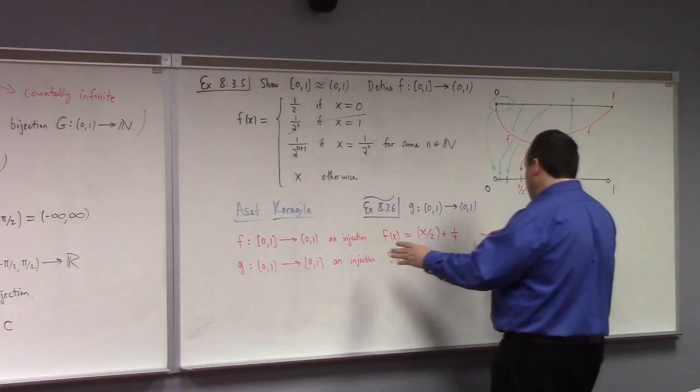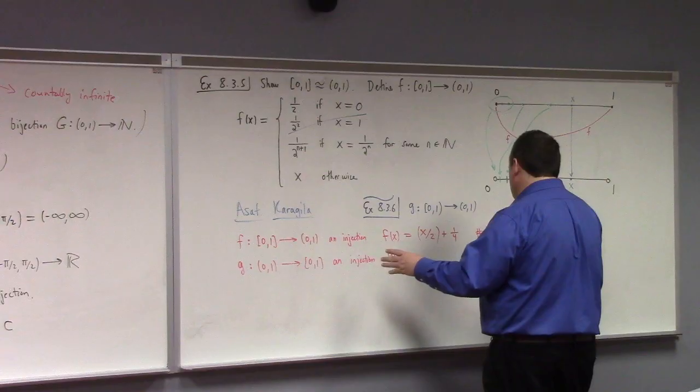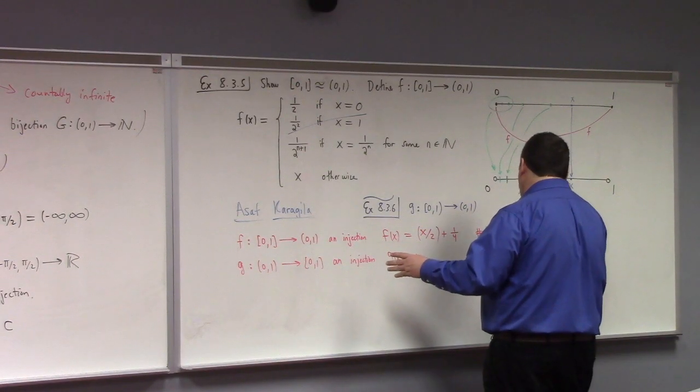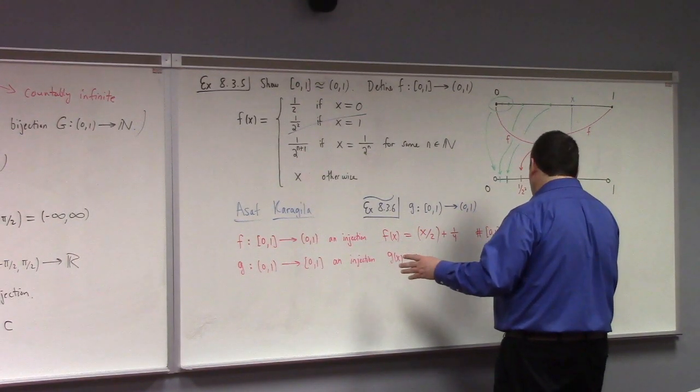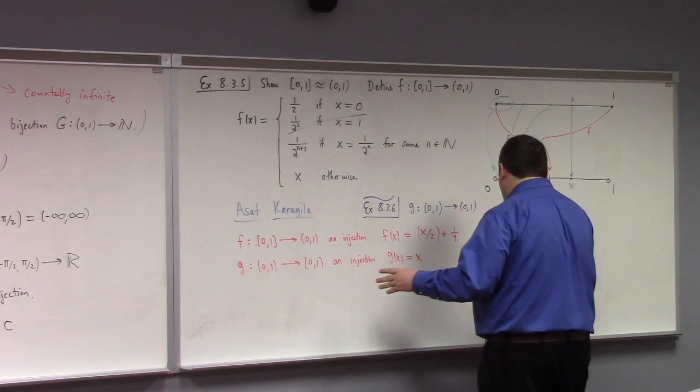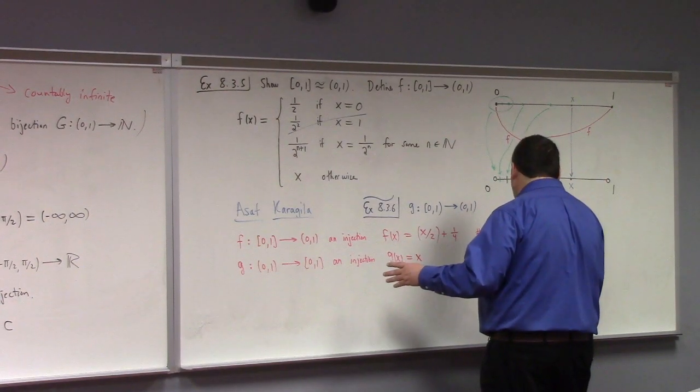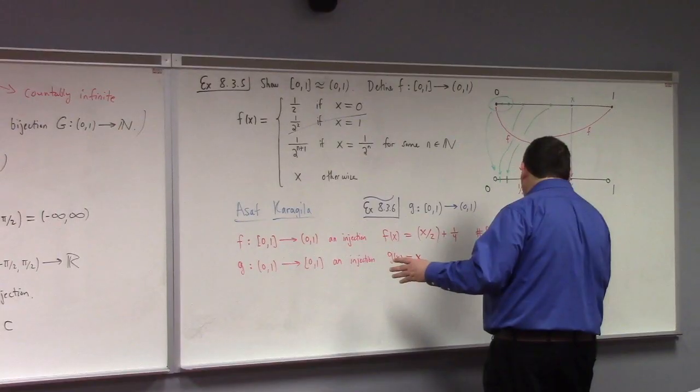So this means that the cardinality of the closed interval 0 to 1 is less than or equal to the cardinality of the open interval 0 to 1. And since the open interval is a subset of the closed interval, its cardinality is less than or equal to that of the closed interval.